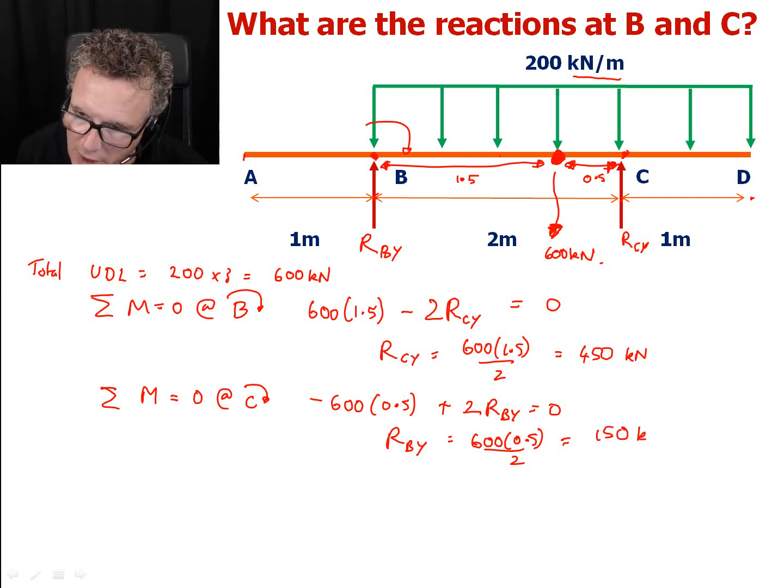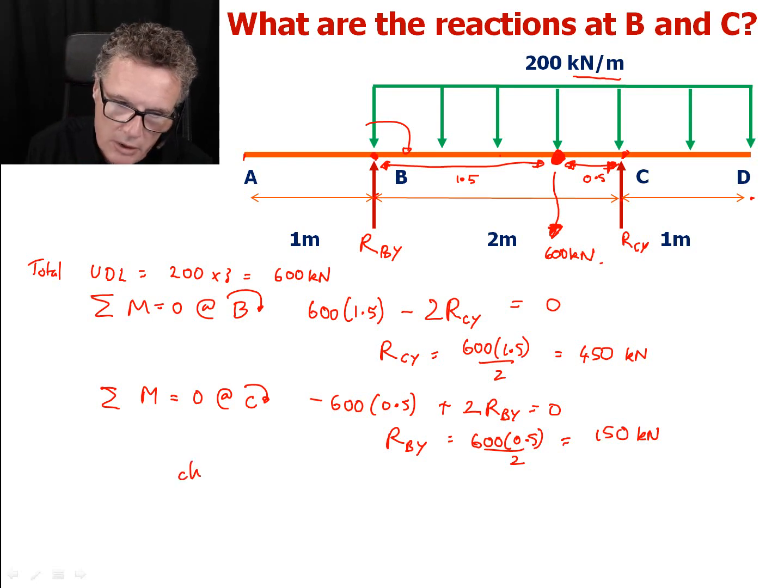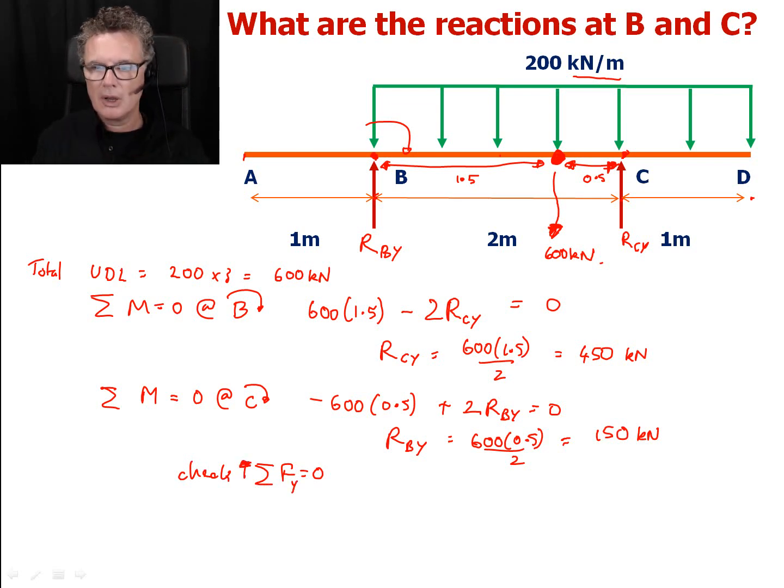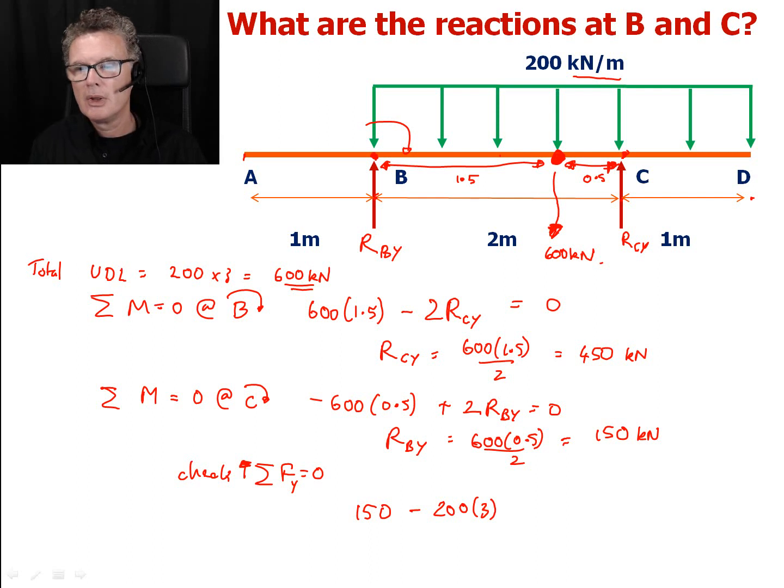Yeah, so for completeness I could do a check. Let's sum up the forces going upwards. What do we have? The first force is RBY, so that would be 150. And the total force going downwards, you could either say it's 600 or minus 200 times 3, taking into account that it's a UDL.